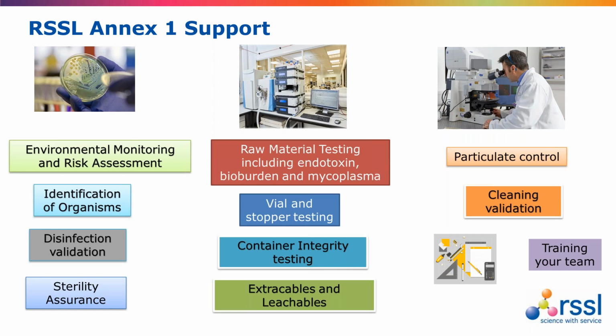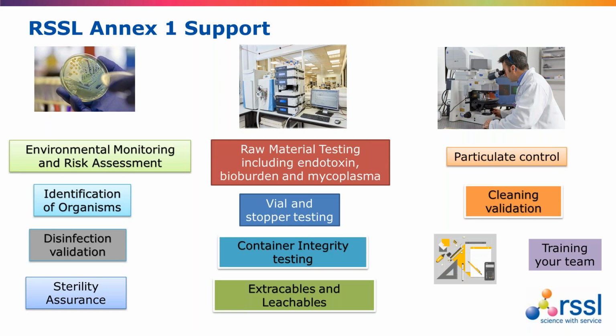As the sterile industry has grown, we have seen our service for vial and stopper testing grow alongside it, and we can support with this testing both to the pharmacopoeia as well as looking at your integrity testing of these vials and pre-filled syringes. In Annex 1, single-use plastics are becoming more regulated, and it suggests that you know the E&L profile of these.